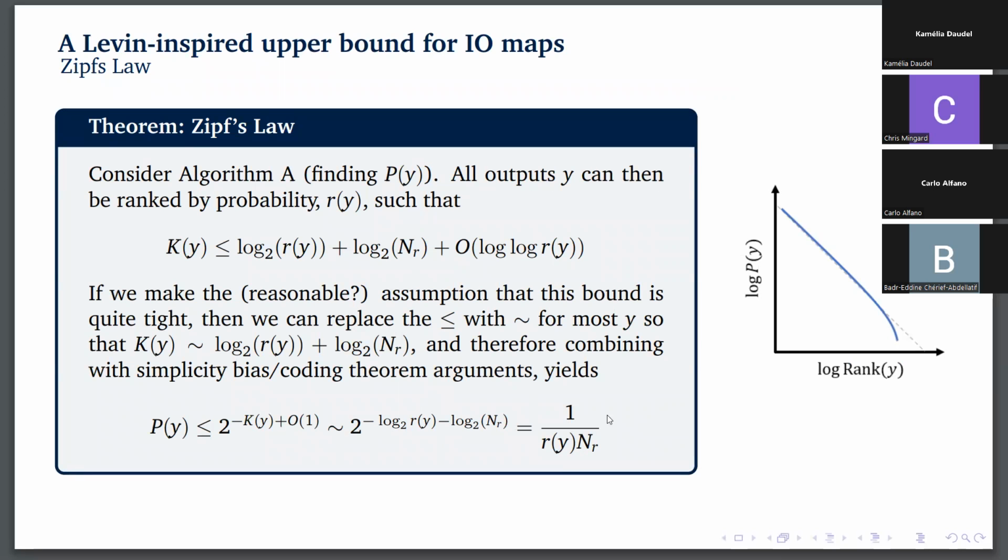And what this looks like, if you plot this on a log plot, the log of the probability against the log of the rank will be a straight line with gradient -1. And this is the third litmus test we use to see whether practical neural networks actually work with this sort of complexity scaling form.